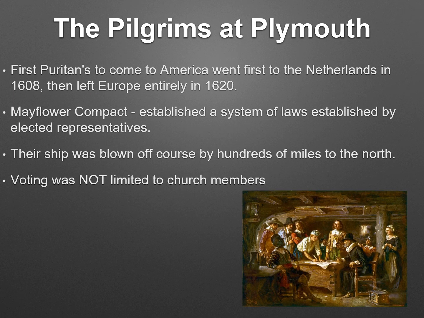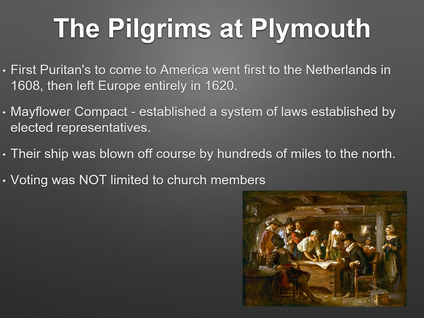The first Puritans who start to come to the Americas, the real Pilgrims, when you think Puritan and Pilgrim, this is who we're talking about. They first leave England and they go to the Netherlands in 1608. But they feel that they are still not being allowed to live the life they want to live.